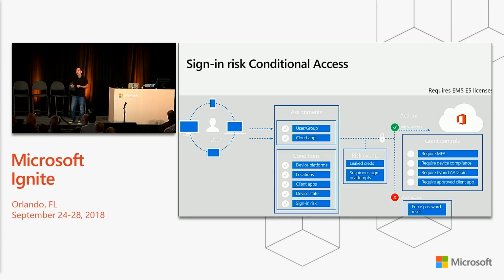Am I using an IP that has been a known malware provider, et cetera? All these conditions can now be evaluated when the user authenticates to make a decision on that user's risk. And if that user is deemed risky, we can take action on it. So we move away from this reactive model of dealing with compromised accounts to a proactive model, which completely changes our scope in terms of how we protect the environment.